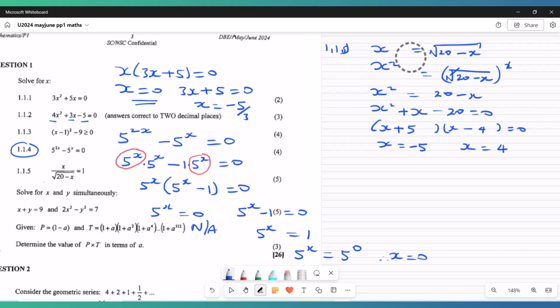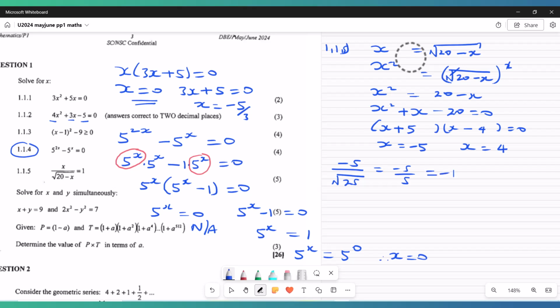But whenever we have surds in the equation, we must check to see which one satisfies the given equation. So for example, if we put in our negative 5 in here, let's check it out. We're going to have negative 5 on top, divided by root of 20 minus 5, which makes 25. So you're going to have negative 5 over the square root of 25, which is 5, which gives us negative 1.